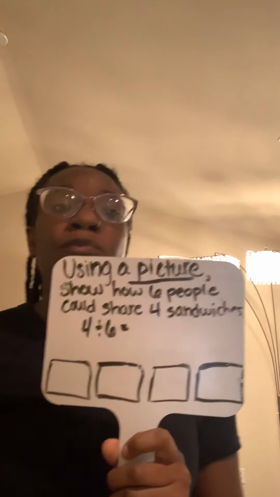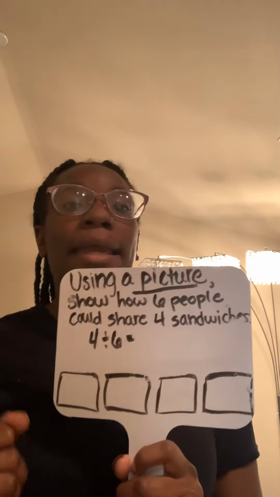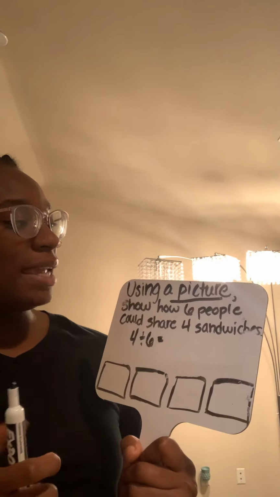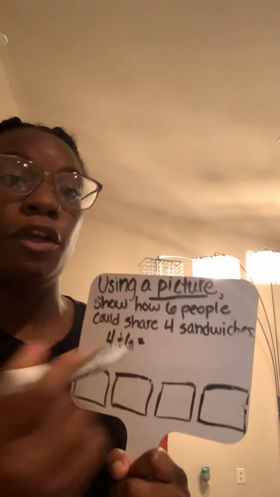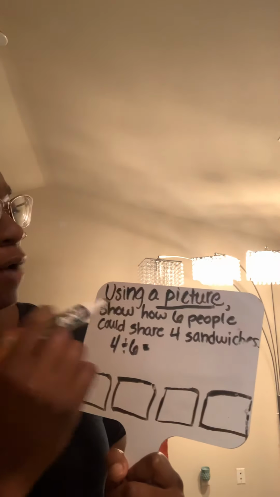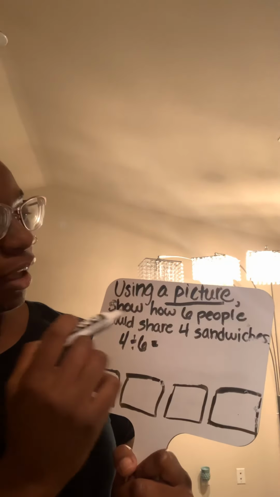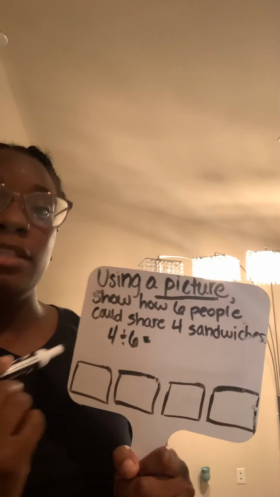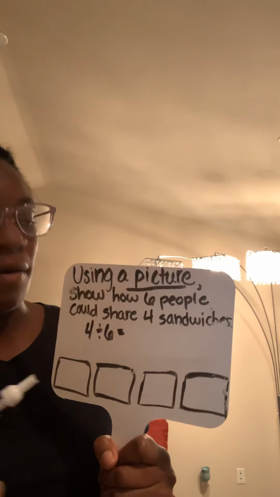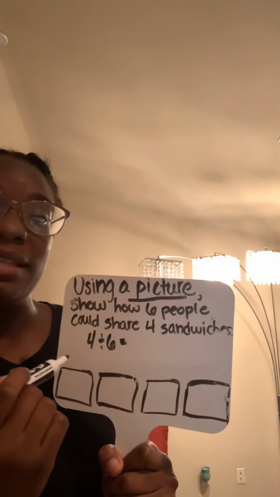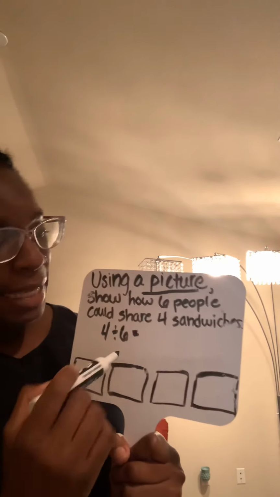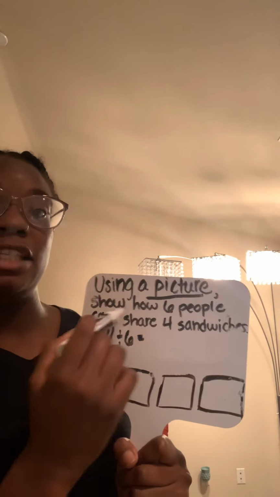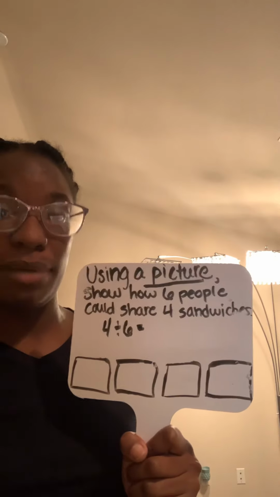Now, we're going to do the same thing, but it's just with a word problem. All right, our problem says using a picture, which we just did in our last problem, show how 6 people could share 4 sandwiches. All right, so the problem that we've got to solve is 4, which represents our sandwiches, divided by 6 because we've got to share that with 6 people.